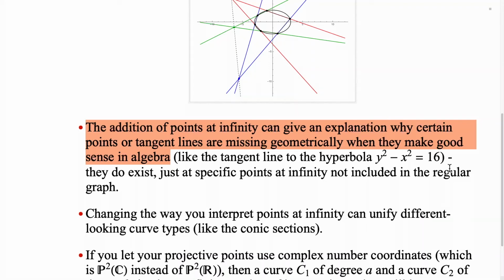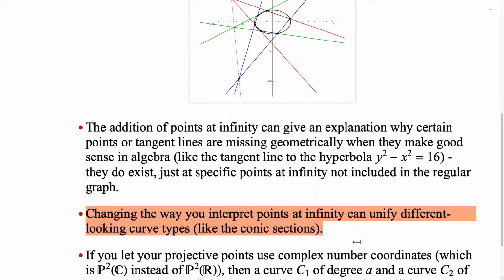In many cases, those missing points or tangent lines actually do exist. They're just at specific points at infinity that you would not include in the regular graph. Another feature is sometimes changing how you track or interpret the points at infinity can unify very different looking curve types like the conic sections. You can flip circles into parabolas, parabolas into hyperbolas, and so on.